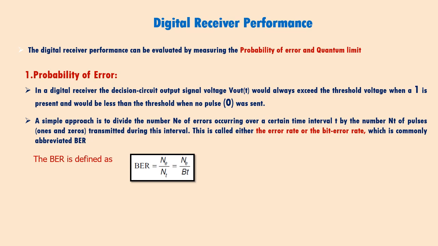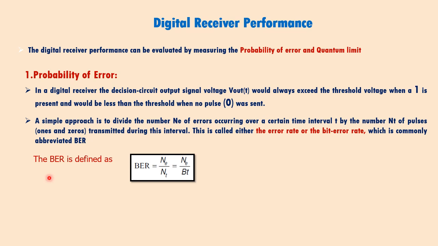A simple approach is to divide the number of errors occurring over a certain time interval t by the number N_t of pulses, which may consist of ones or zeros, transmitted during this interval. This is called the error rate, or bit error rate, commonly abbreviated as BER.